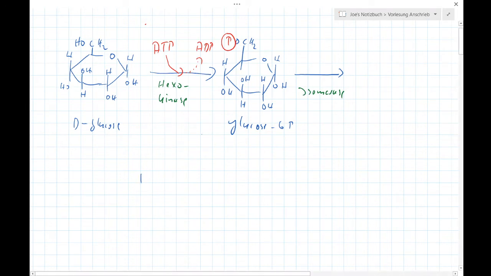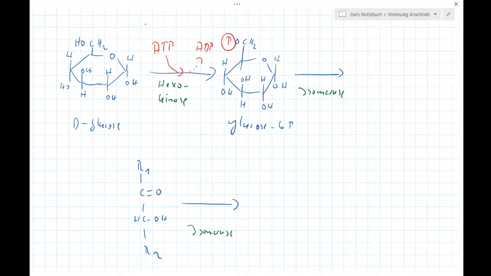So if I have a molecule R1 and I have a keto group here, an isomerase will catalyze the following reaction. And we will end up with this molecule R1. Nothing happens here. We just put the carbons first, R2. And now I have my keto group put at this position, and this is still there.